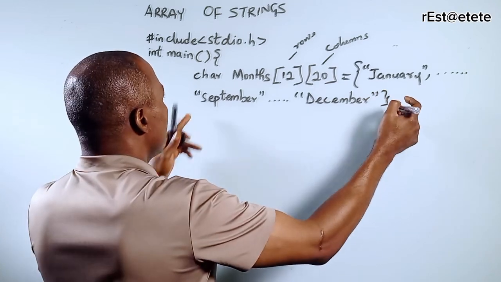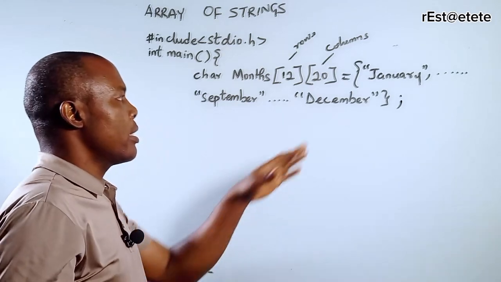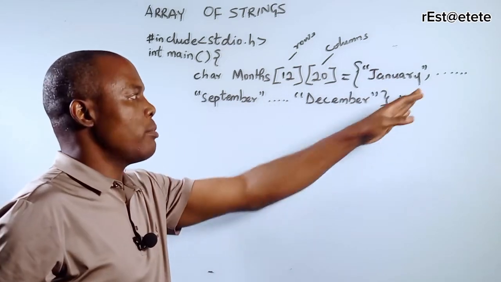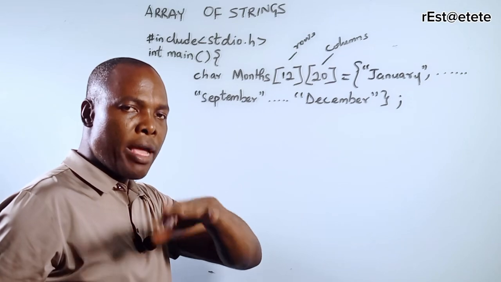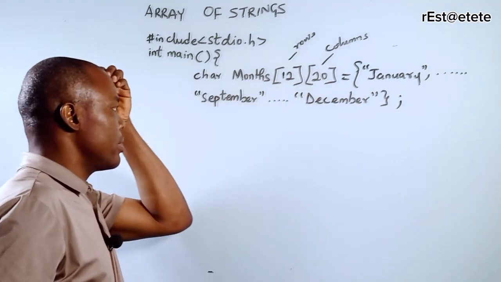So I put this here, and then I close this. What I'm saying is, this is January to December. So I'm going to write everything out in my code blocks, but just for the sake of this class, for it not to be too long, I'm just abbreviating this.